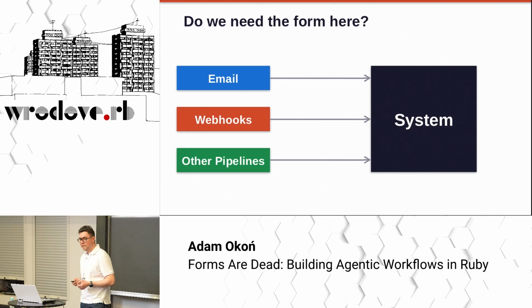In this case, we are open to receiving notifications from different sources, right? Webhooks and other pipelines. This is what OpenClaw and other agents are actually doing right now, right? They have integrations with many systems. So maybe we are coming to a situation where our system will have adapters to the majority of streams and just send us the things that we need to approve to move on.